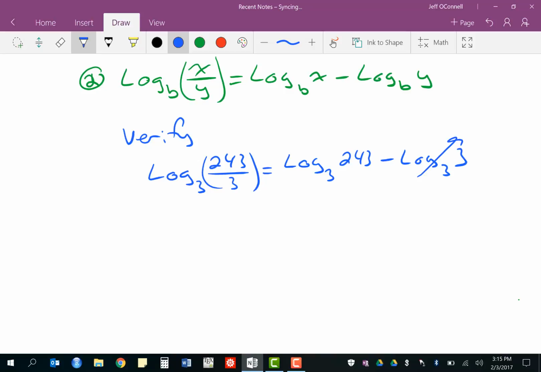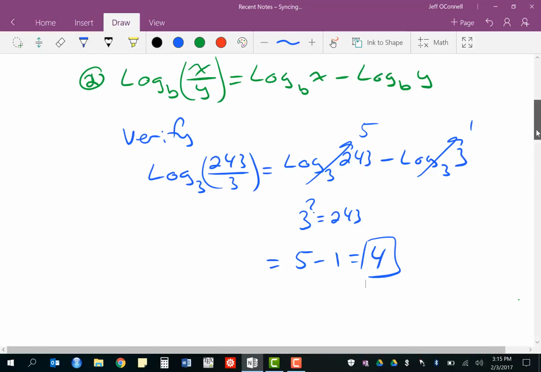In that last one, we found out that the log base 3 of 3 is equal to 1. To evaluate the log base 3 of 243, I'm considering 3 raised to what power would be 243. And if you check, that turns out to be 5. So the right-hand side of this property ends up being 5 minus 1, which is exactly what we thought it would be, and that is 4. So we have verified that this property is true as well.